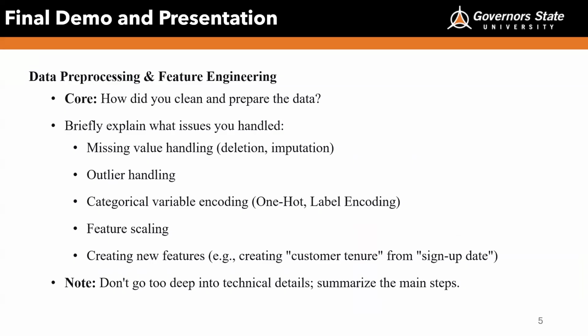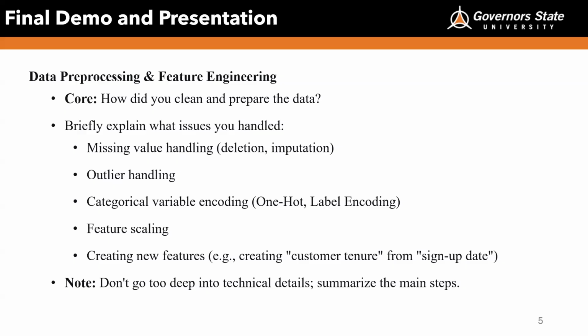And the next is data pre-processing and feature engineering. So the core question here is, how did you clean and prepare the data? And you need to briefly explain what issues you handled. For example, you handled missing values, you deleted them or used some data imputation technique, or how you handled outliers, or categorical variable encoding? Did you use one-hot or label encoding, or feature scaling?